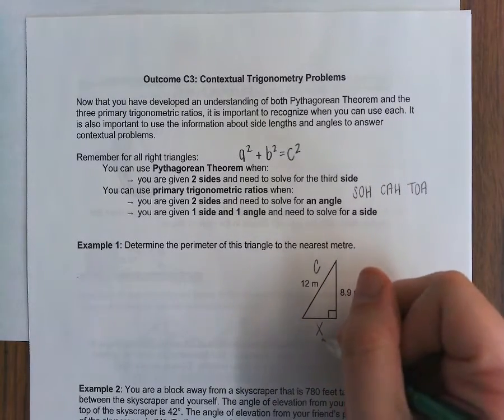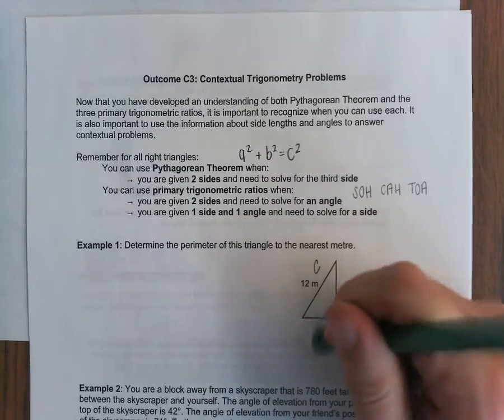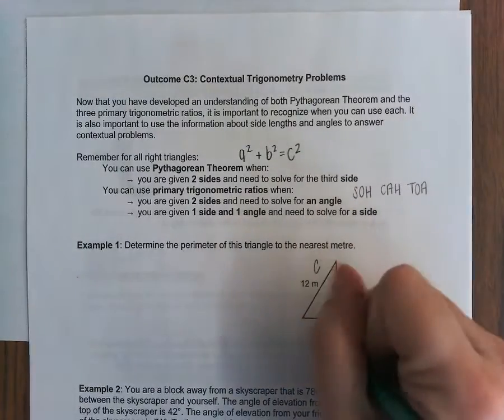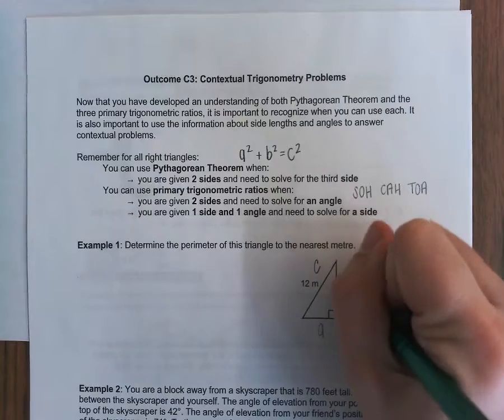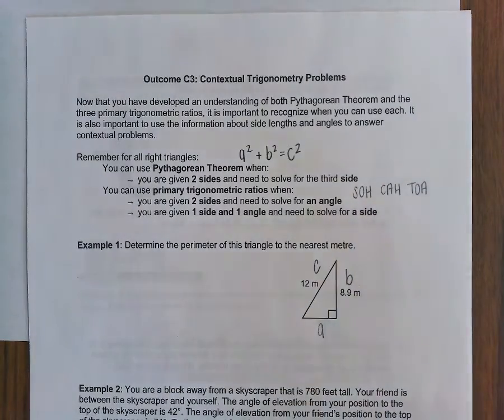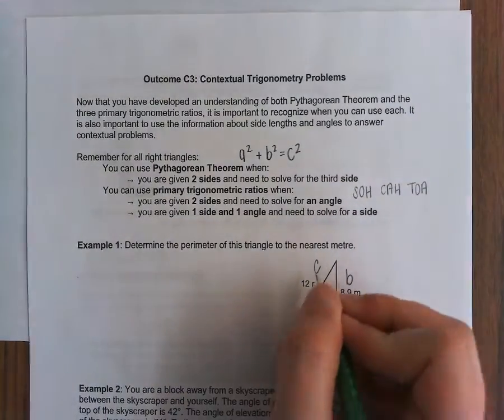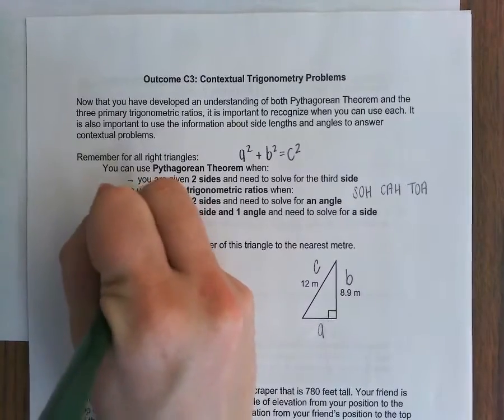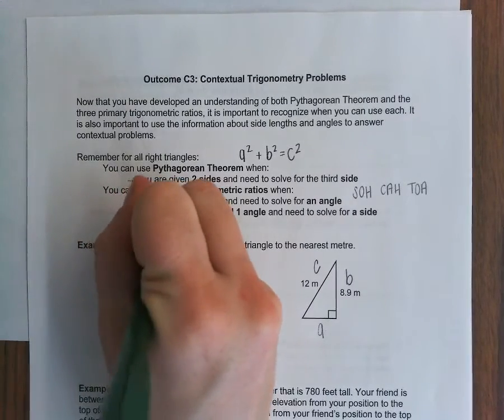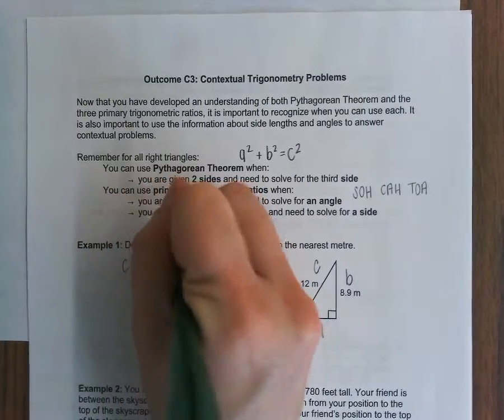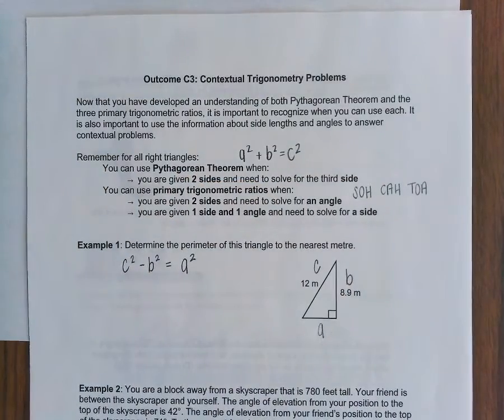Instead of calling it X, I'm going to call it A, and this side B. So I'm going to take c squared and subtract b squared to solve for a squared.